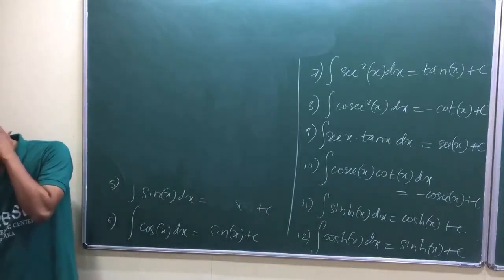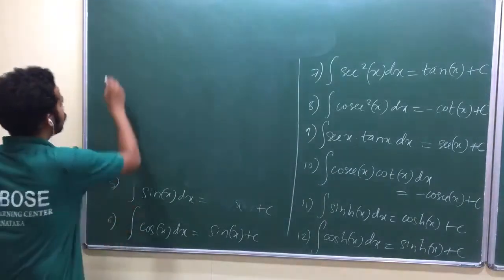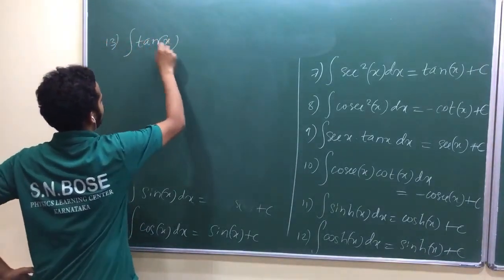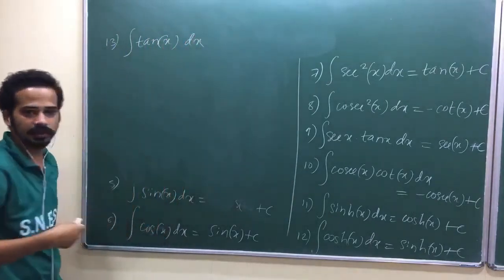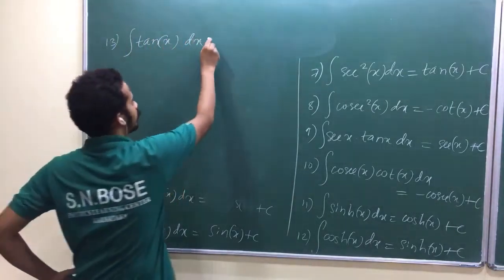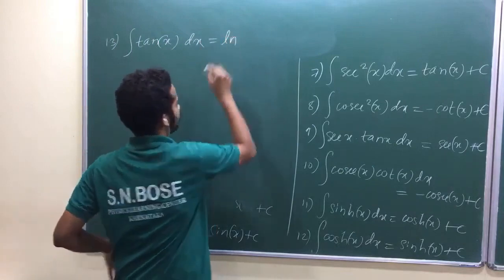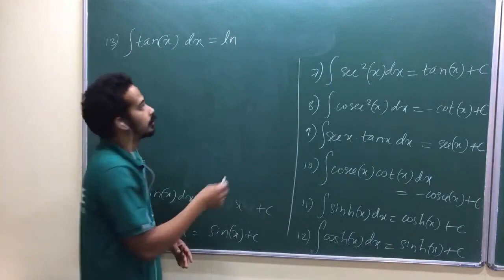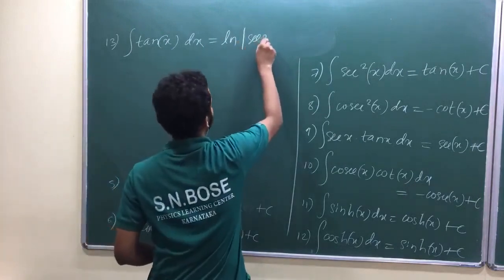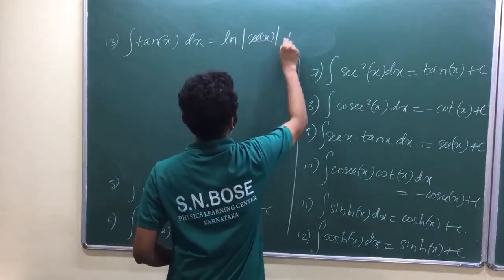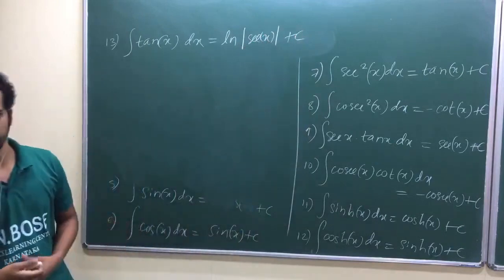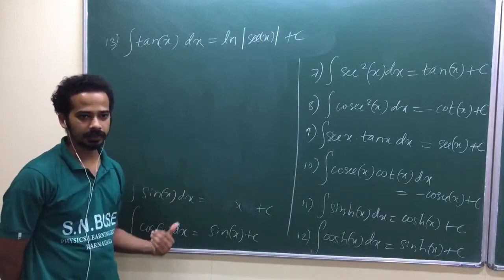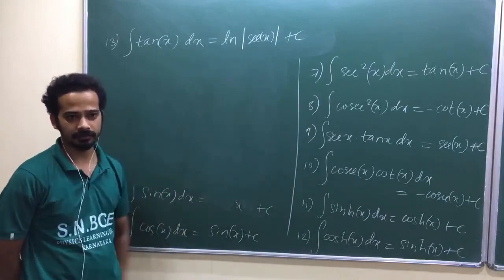So next one is integral of tan x dx. Again, we need to think a little more. That will be log of secant x, because if you differentiate log of secant x, you get 1 by secant x into secant x into tan x, and secant x will get cancelled.